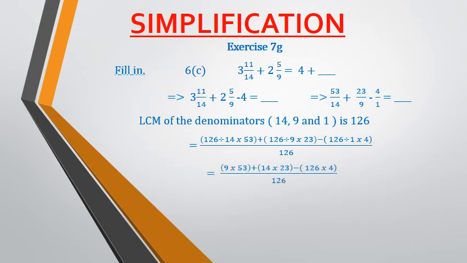We get 9 multiplied by 53 plus 14 multiplied by 23 minus 126 multiplied by 4 upon 126. Again, when we solve these brackets, what do we get? We get 477 plus 322 minus 504 upon 126.